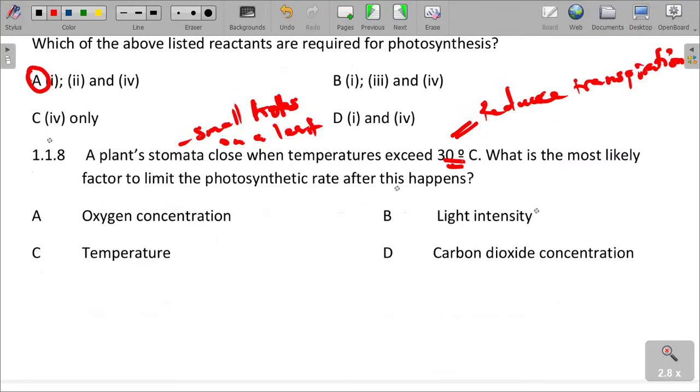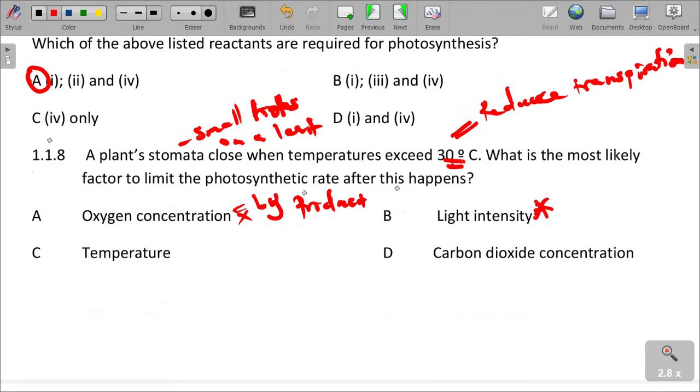Light intensity has nothing to do with the stomata. And also oxygen concentration. Remember that this is a byproduct, so we don't need it. It is produced after photosynthesis. This is a byproduct of photosynthesis, so we cannot worry about that.